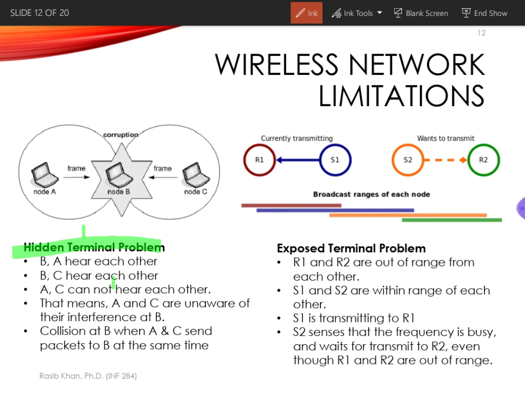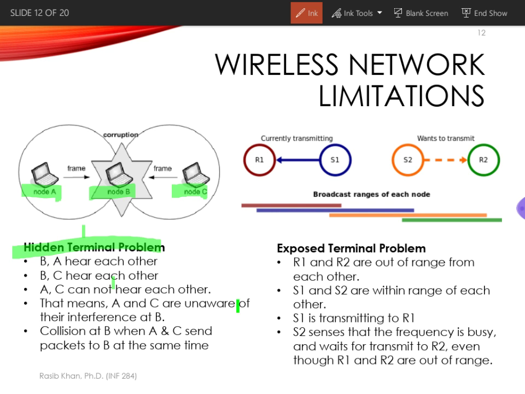the hidden terminal problem. In this case, let's say we have a node B which is within the range of node A. That means node A and B can hear each other. And we have another node C which can also hear node B. However, nodes A and C are outside of the range of each other.